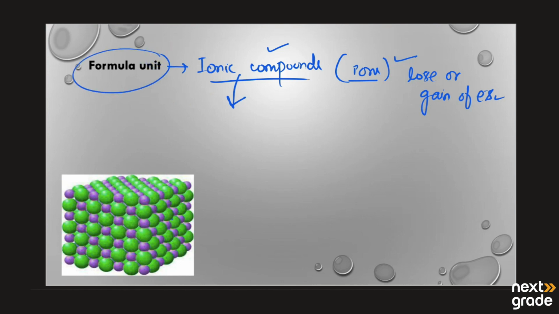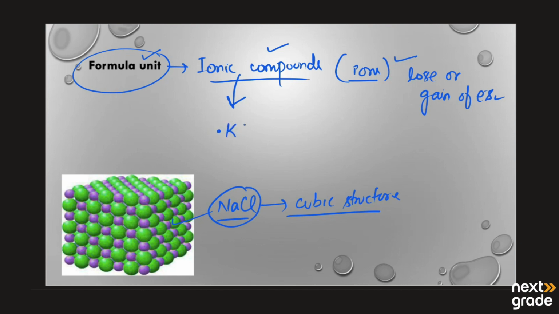We have a lot of examples here. Sodium chloride has a cubic structure, and to represent it we have the formula NaCl. This is known as its formula unit.